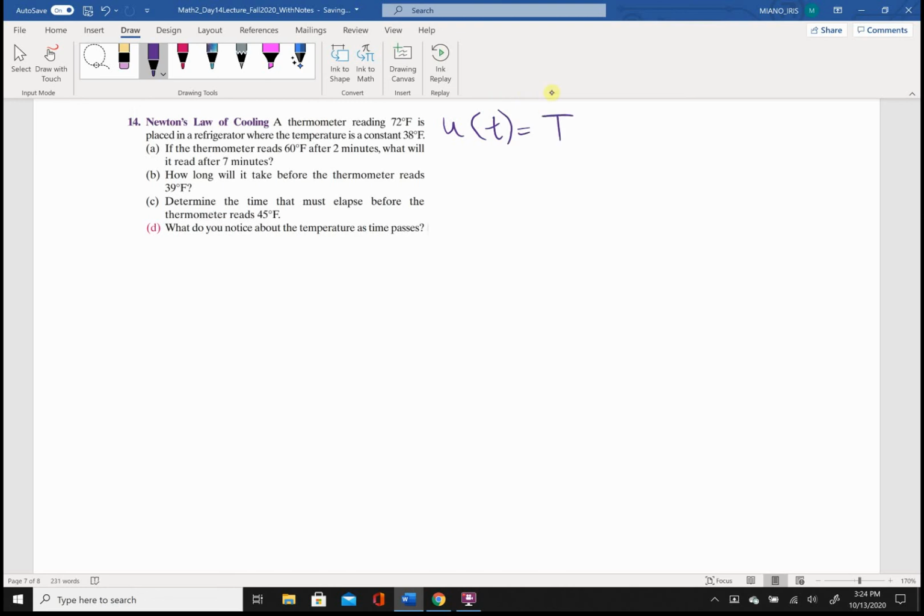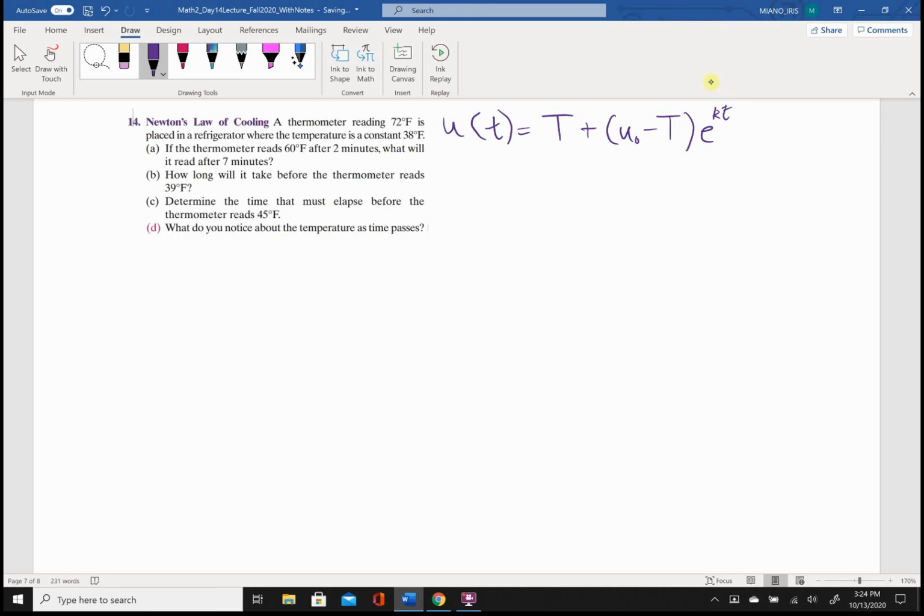Uppercase T is the constant temperature in the environment, lowercase t is the amount of time, U of t is the temperature after a certain amount of time for the heated object, and U sub naught, which I have right here, is the initial temperature of the heated object. And k is the rate at which the item is cooling.